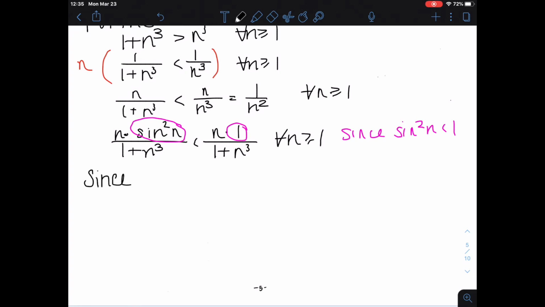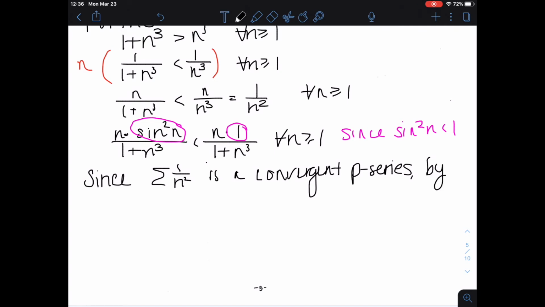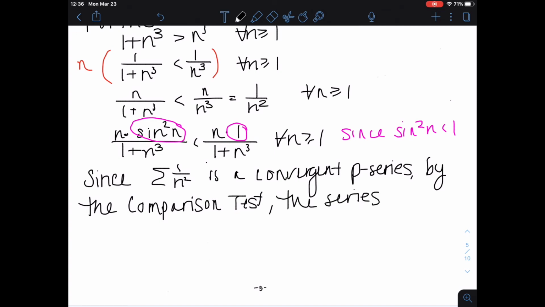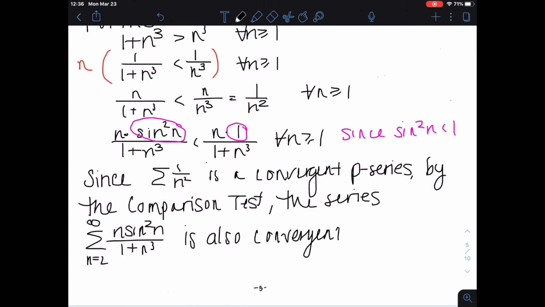So since the sum of 1 over n squared is a convergent p-series, by the comparison test, the series which we started with, the sum from n equals 2 to infinity of n sine squared of n over 1 plus n cubed, is also convergent. Okay.